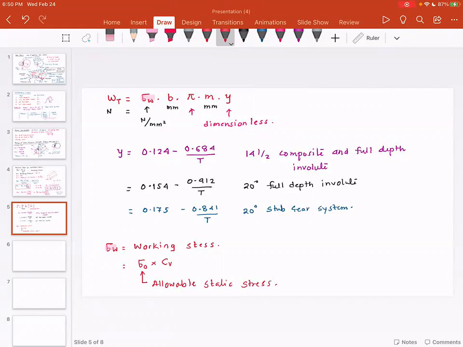So this is commonly the stress that we are aware of. For example, when we use the mechanics of materials equations, we assume the loading to be static or quasi-static.